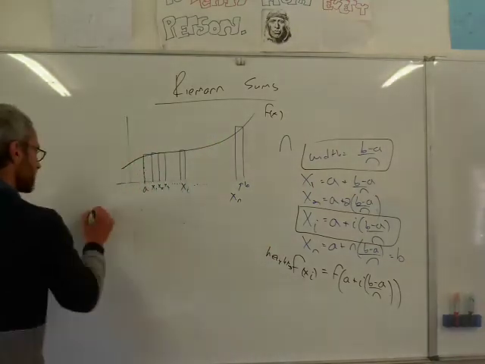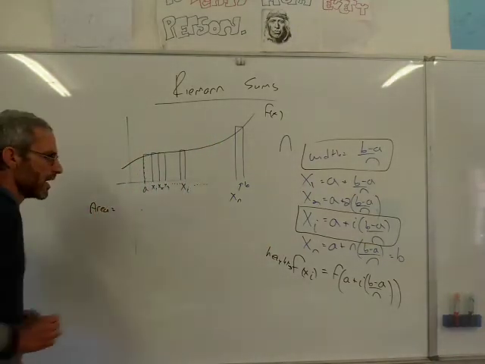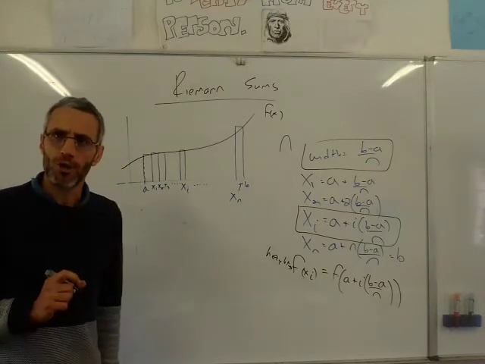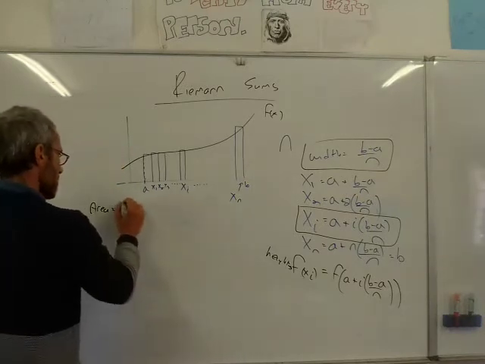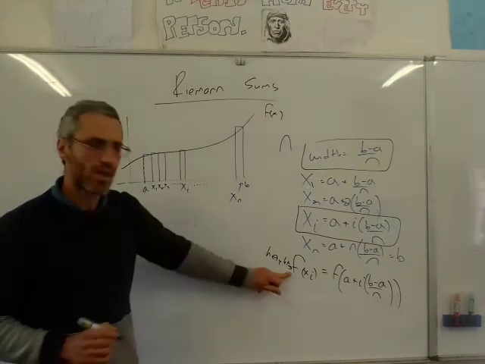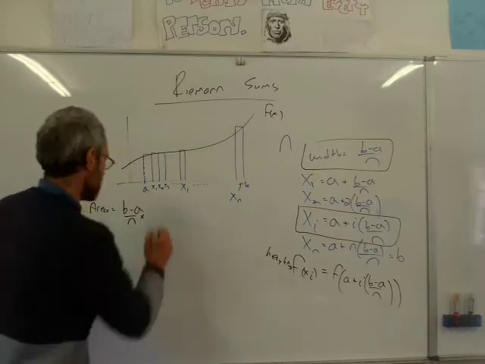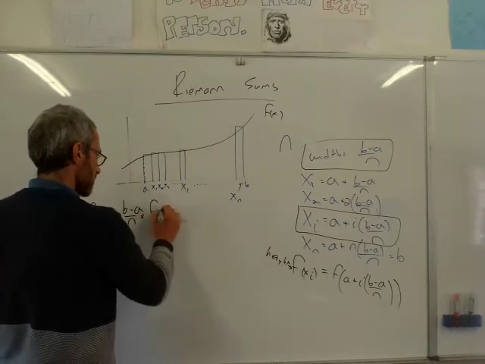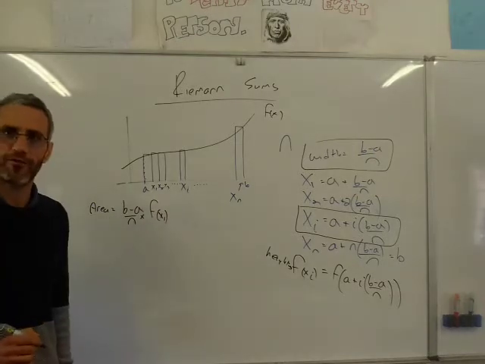So if I want to find out the area, what I'm going to do is take the area of each block. In other words, (b minus a) over n times the height. That's the width times the height, times f of x1, the height of the first block.